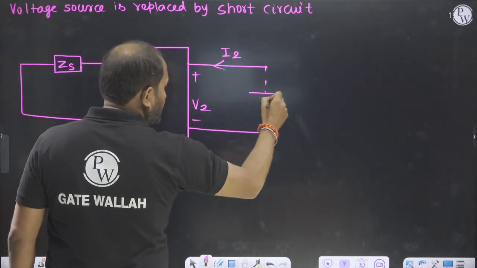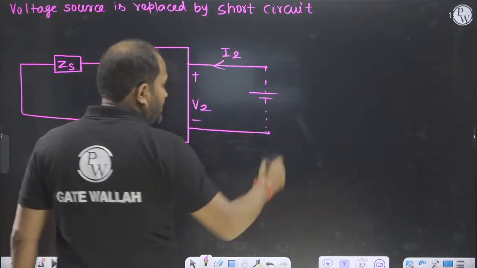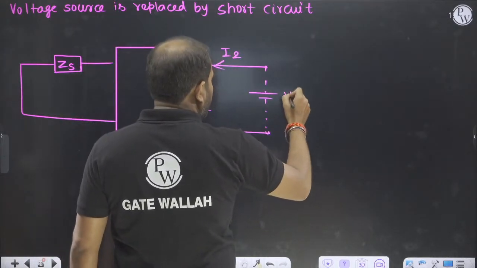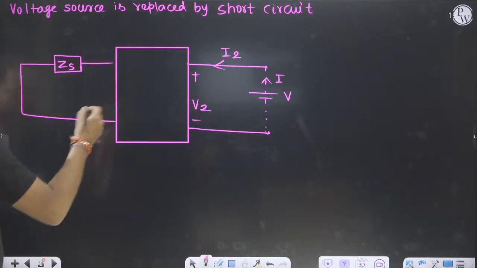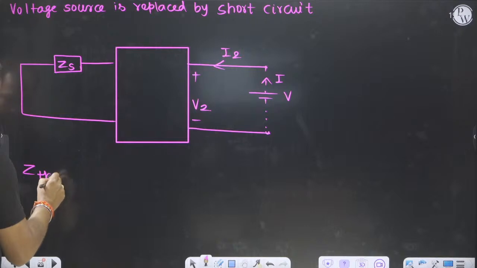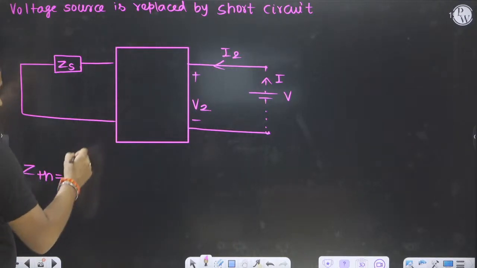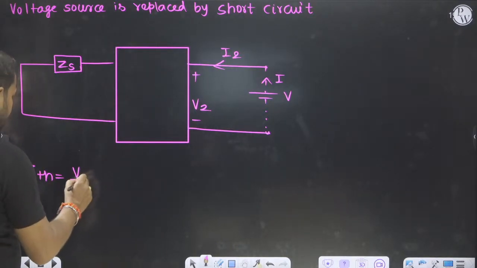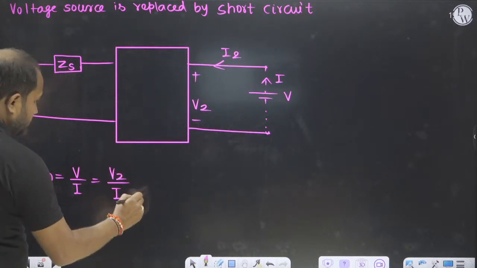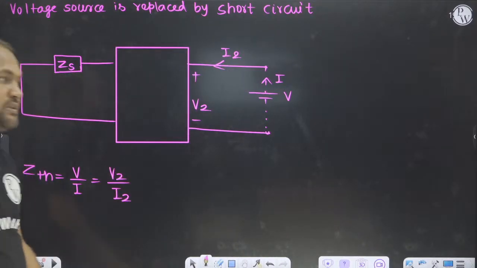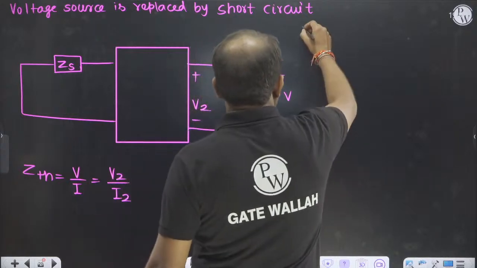So this is our source voltage, something like that, V and I. So ZTH will be equal to V by I. V is nothing but V2 and I is nothing but I2. So ZTH is equal to V2 by I2.